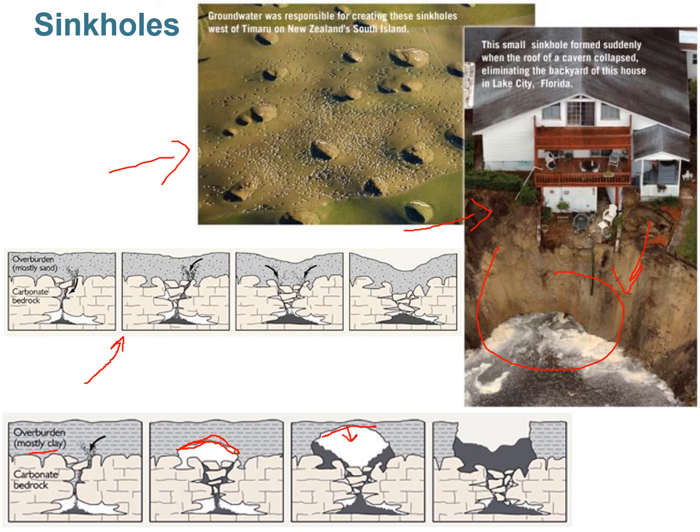If your overburden is mostly sand, the sand will sink and fill in the void in the limestone, and then you'll just have a low-lying area. And typically in Florida, this becomes a swamp or a lake, or a low-lying area that's prone to flooding, and that's because of the dissolution of limestone below.